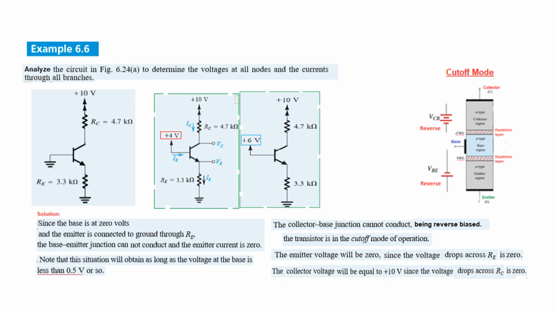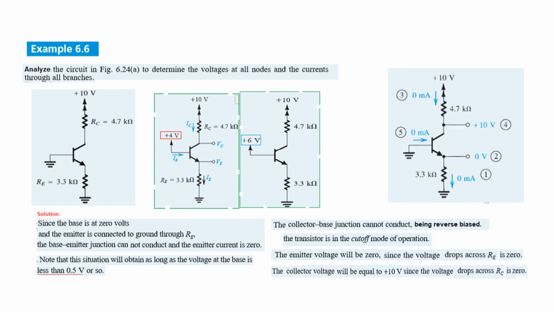So the collector voltage here will be equal to this 10 volt because there is no current IC, and since IC is 0, therefore the drop here is also equal to 0, and therefore VC is equal to 10 volt. So I hope this gives you an idea as to how the variation in base voltages can make the transistor operate in active mode or saturation mode or cutoff mode.